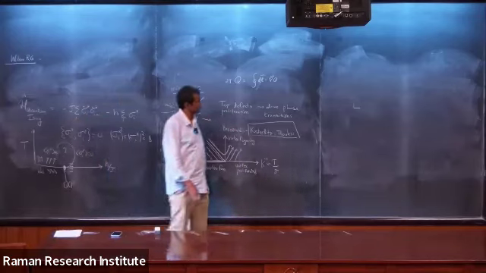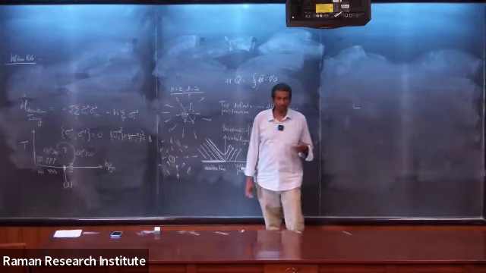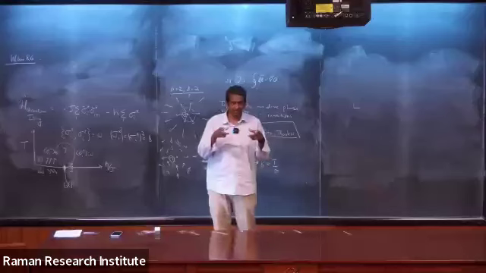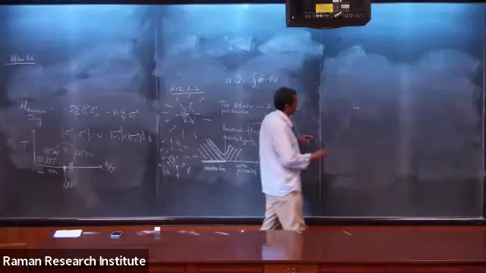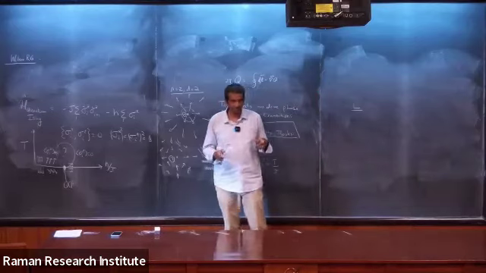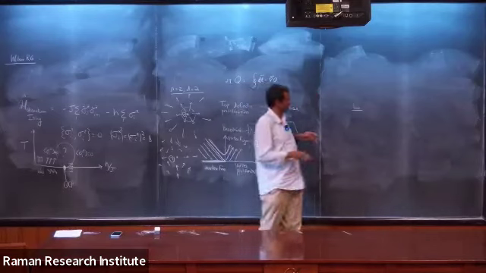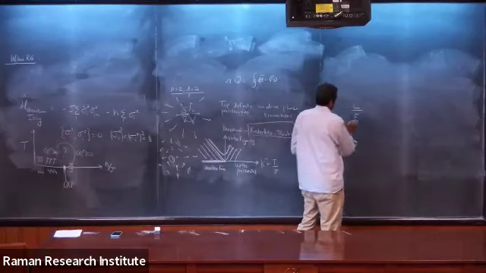So what you expect is some kind of scaling of quantities like correlation functions, and it will depend on the ratio of the length of the system to the characteristic length that's important near a phase transition, which is the correlation length.